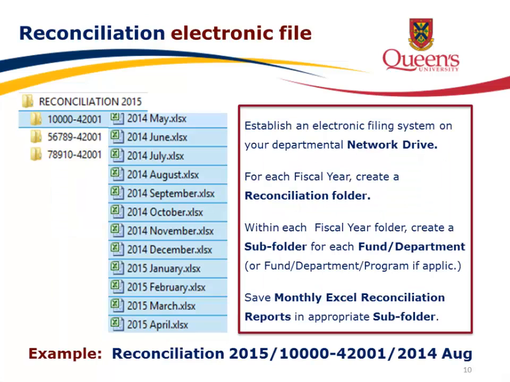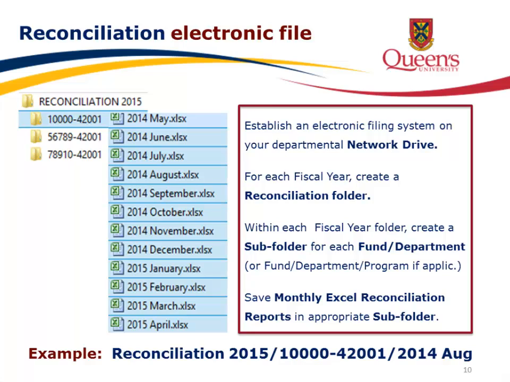Establish an electronic filing system on your departmental network drive. For each fiscal year, create a reconciliation folder. Within each fiscal year folder, create a subfolder for each fund department or fund department program if applicable. You will save your monthly Excel reconciliation reports in the appropriate subfolder.